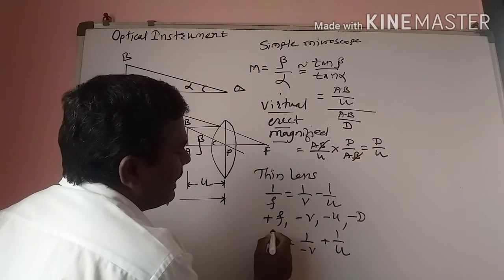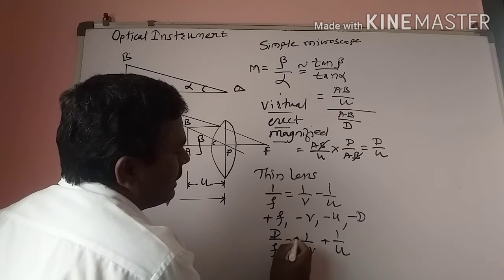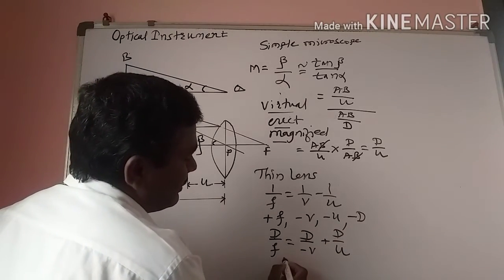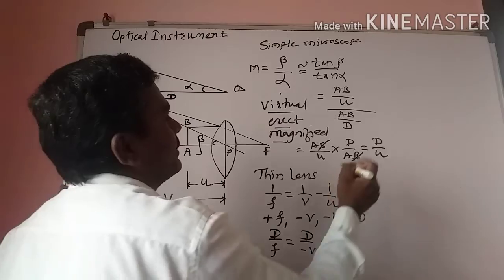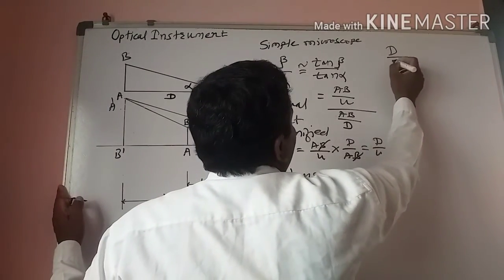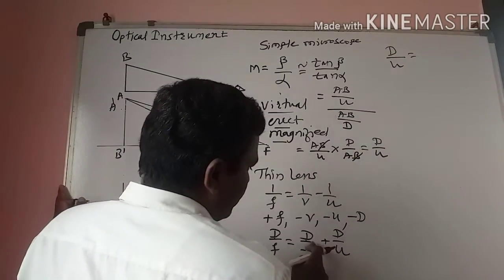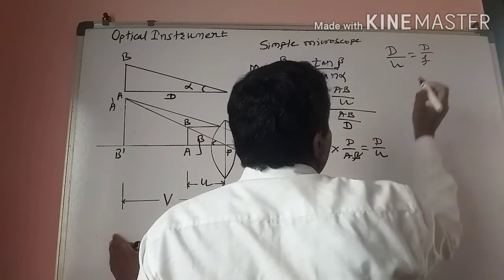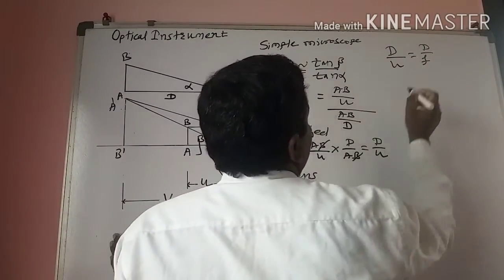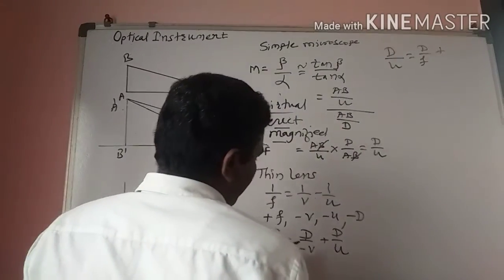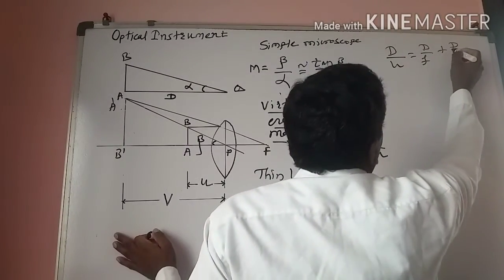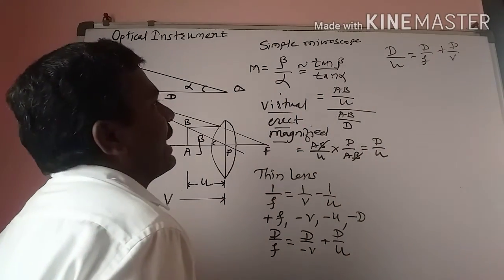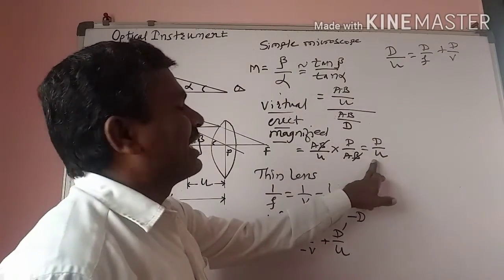When we multiply by D, we get D upon F, D upon V, and D upon U. So D upon U is equal to D upon F plus D upon V, and D upon U is the magnifying power of the simple microscope.